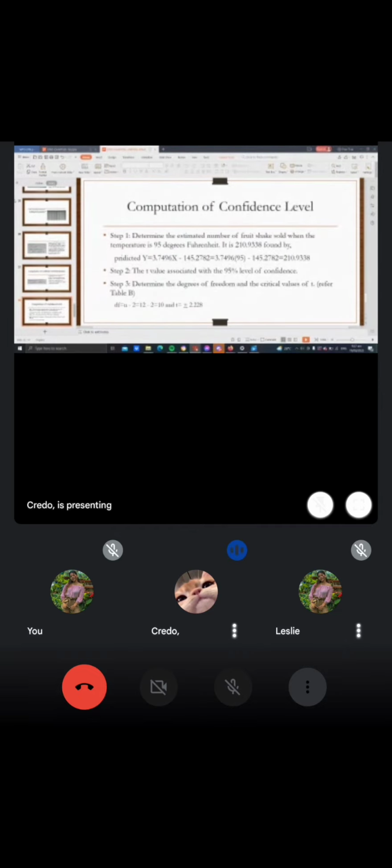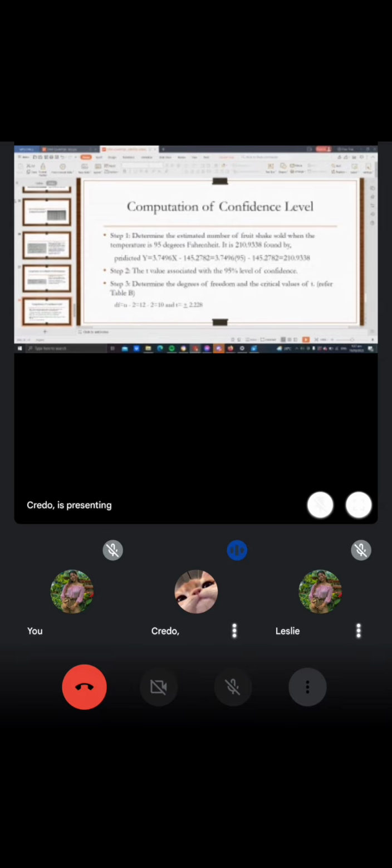So next will be the computation of the confidence interval. The first step is to determine the estimated value of fruit shakes sold when temperature is 95 degrees Fahrenheit, and the answer will be 210.9338.